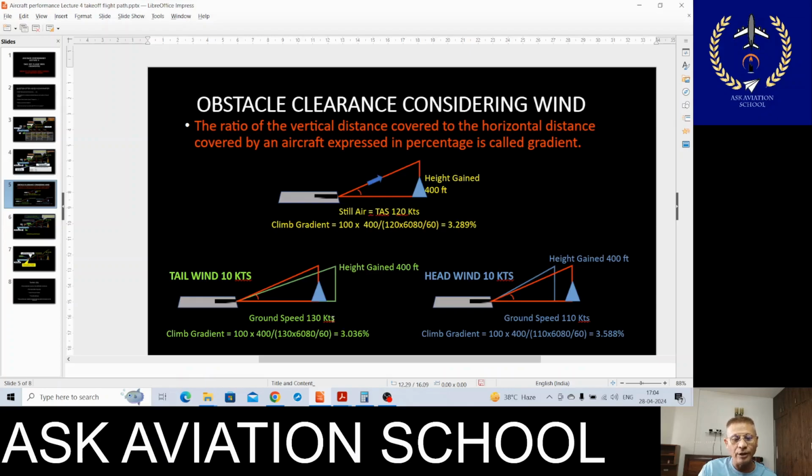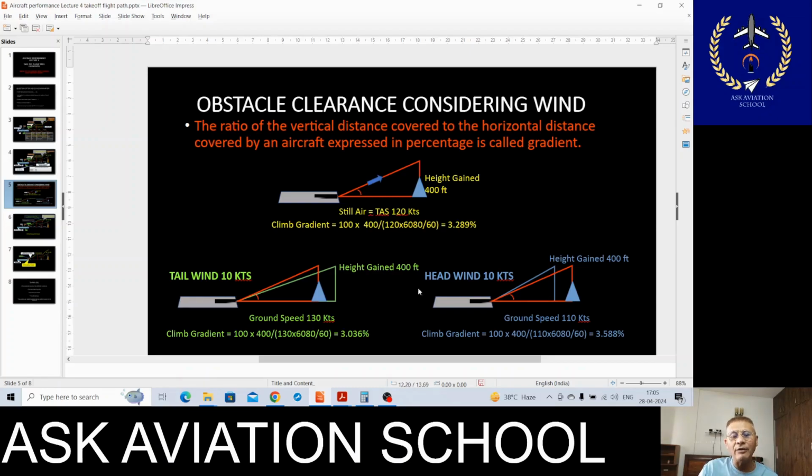If we calculate the gradient with the same formula, my gradient becomes 3.036%. The gradient has now been reduced, as depicted in the diagram. When you are overhead this particular obstacle, the obstacle clearance margin is not achieved in case of a tailwind.